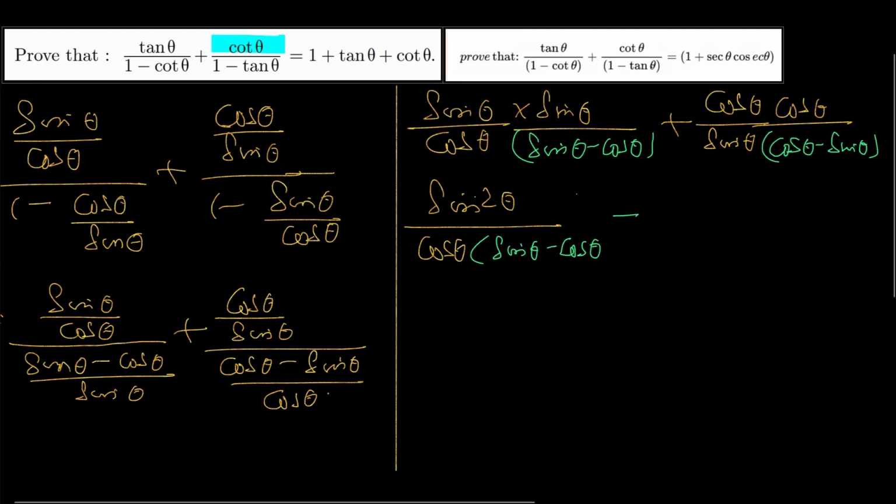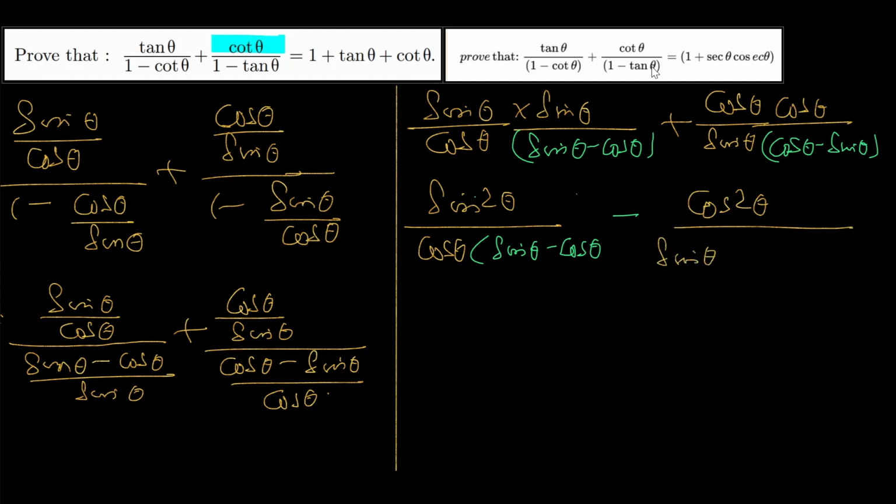It will now be minus instead of plus. In the numerator, we have cos into cos, that is cos square theta, and below it is sine theta. And as I said, I have taken minus common from here, so the sign will become positive and cos becomes negative. So now it becomes sine minus cos.